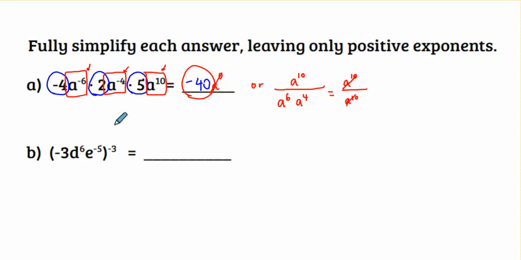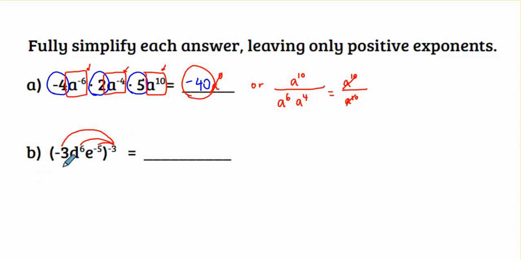Okay, chances are if you missed one problem only, you missed B. So let's kind of write this out and see what's going on. So I'm going to essentially distribute with my rainbow rule this exponent of -3 to everything that's inside the parentheses.